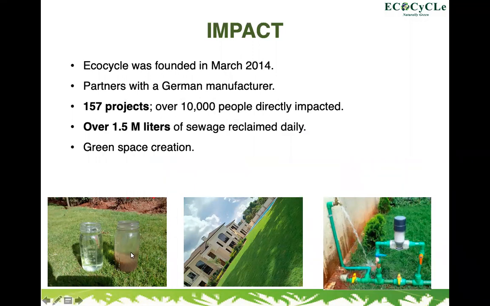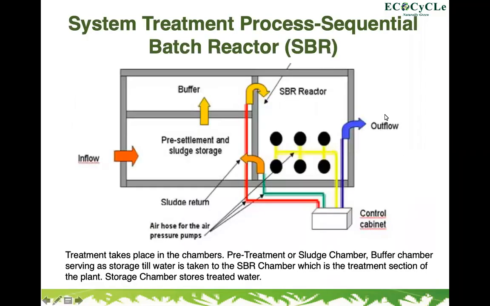After the sewage has been treated, sludge has to be separated from the mixture so that we get at least this activated sludge. And then we have the clean treated water, which is what we move into the storage chamber. And this whole process is not done manually, it's done automatically using the control cabinet.